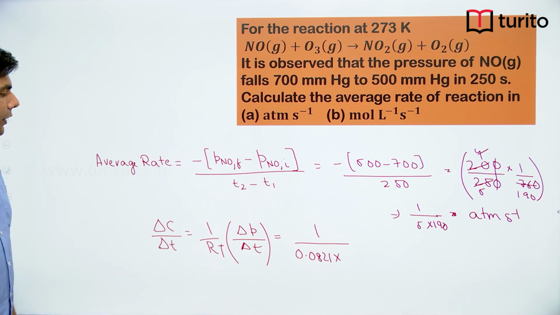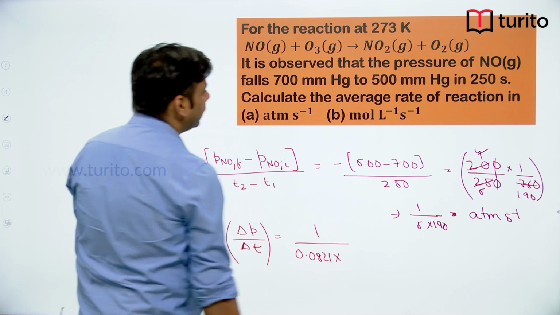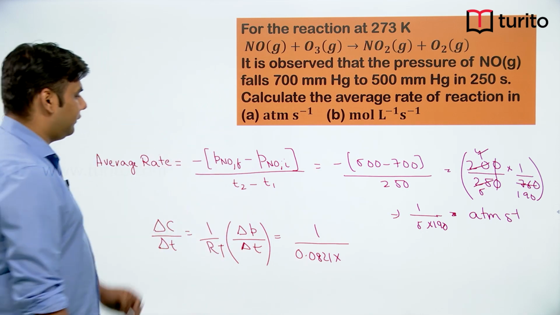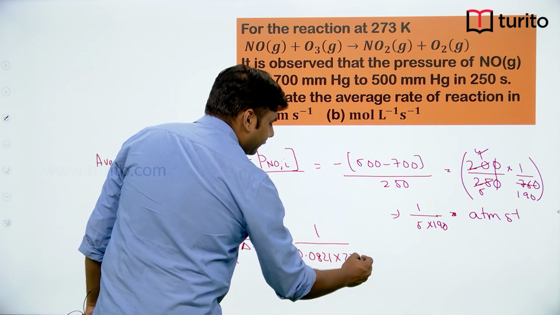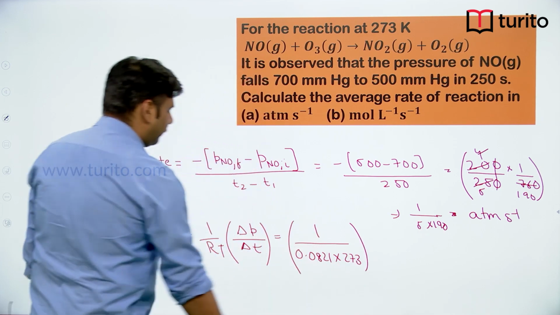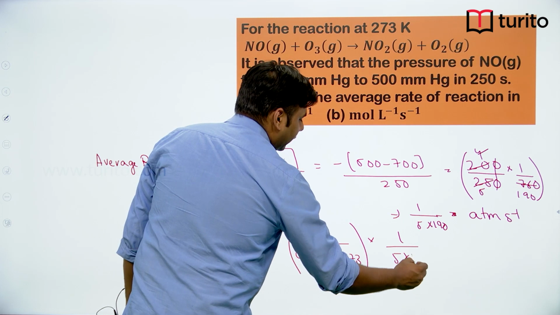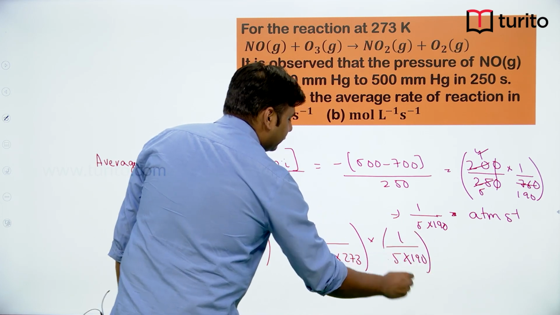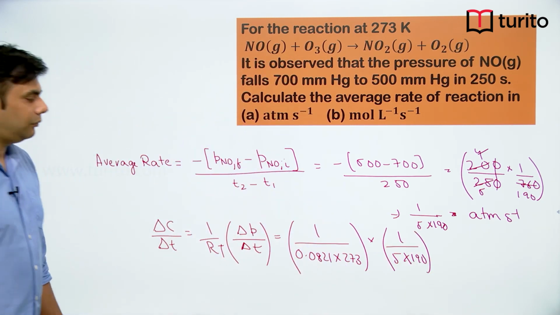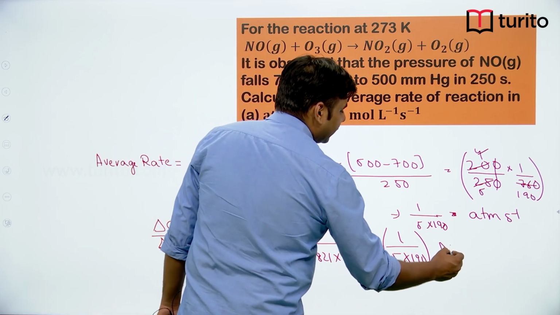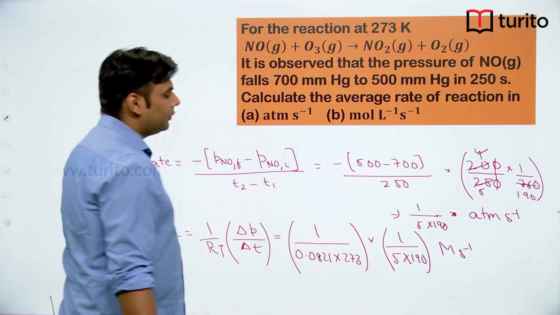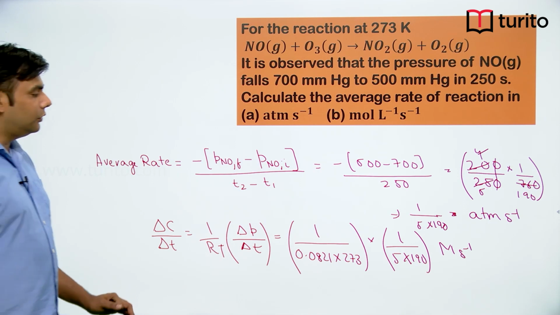So R will be 0.0821 liter atmosphere per mole per Kelvin. Temperature you have to take in Kelvin. Okay, so temperature is given as 273. So this is the value of RT into 1 upon 5 into 190. So when you do the calculation, you will get this in molar per second. Okay, so this is a very easy question, but it makes you do a lot of calculation.